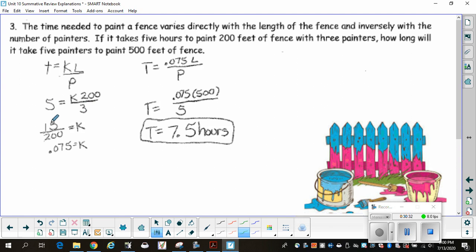Multiply both sides by 3 and divide both sides by 200, and you get 0.075. You're going to take the value of K and plug it in. You now know that you have 5 painters. Okay, there's the 5. Painting 500 feet, well, that's going to take 7.5 hours. You simply multiply 0.075 times 500.